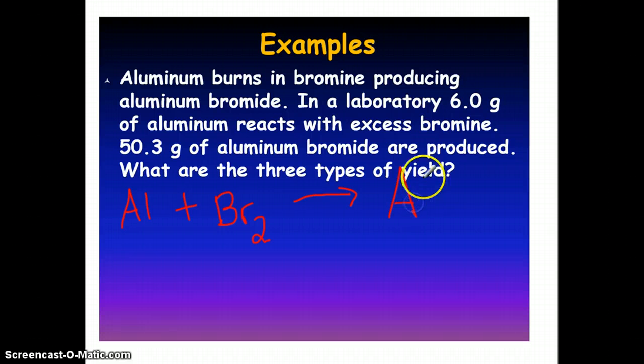All right, so we have Al and Br. Al is 3 plus, Br is 1 minus, so when you swap and drop, it'd be AlBr3. Now it says that we had 6 grams of aluminum, and that reacted with excess bromine, so we have extra bromine, and then 50.3 grams of aluminum bromide were actually produced.